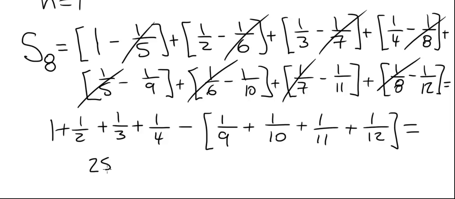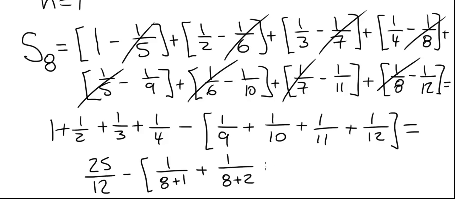That's 25 over 12. But we should not simplify the terms that are subtracted. We should express them in terms of 8. So like this, minus 1 divided by 8 plus 1 plus 1 divided by 8 plus 2 plus 1 divided by 8 plus 3 plus 1 divided by 8 plus 4.